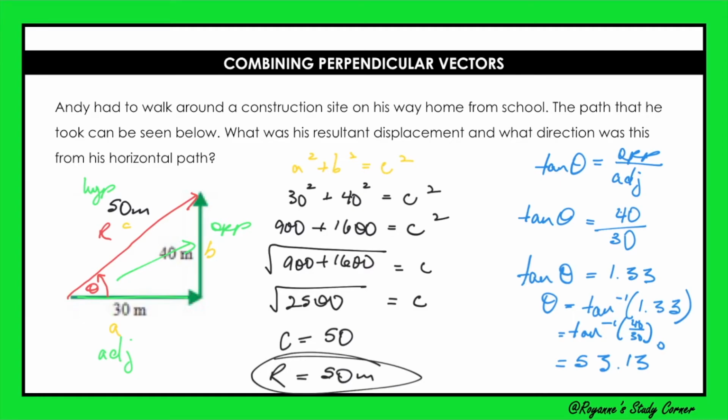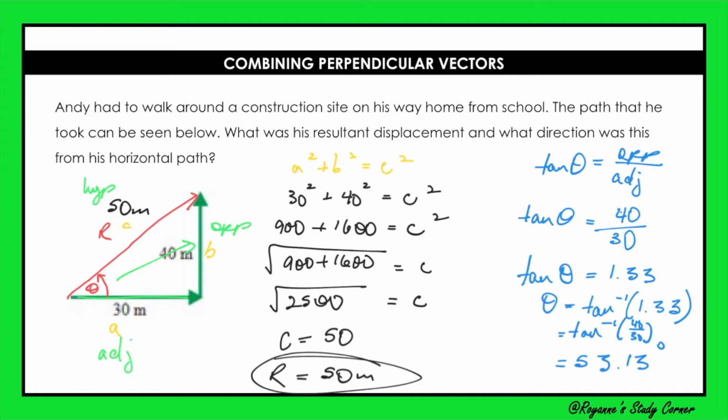Now if they don't explicitly say, hey, find the direction from the horizontal or from the vertical, I usually just go with from the horizontal, but it doesn't make a difference which one you choose. You just have to make sure to say 53.13 degrees from the horizontal or the vertical or whatever side you chose in this particular question.